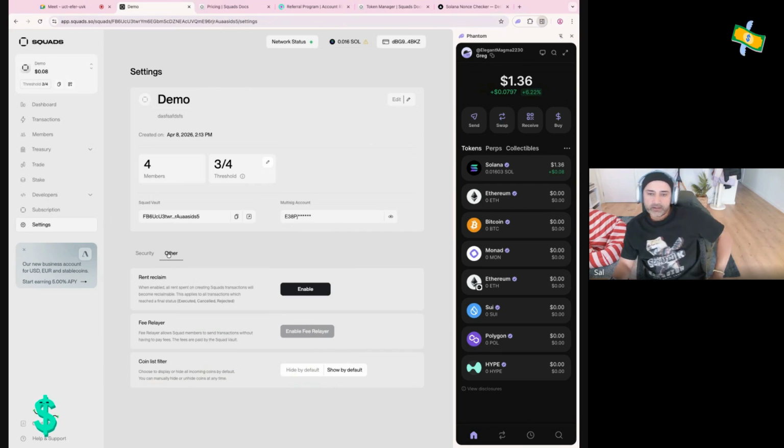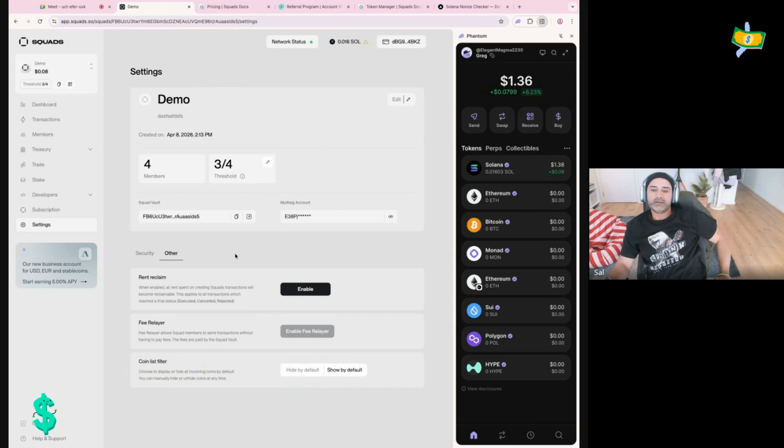All right. Another thing is everything you do on Squads, just like every other thing on Solana, requires accounts, and accounts cost money and rent. So there's a feature where if you've been doing a lot of voting and executing things, there'll be a lot of accounts that are left open.